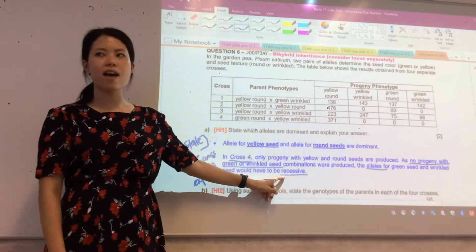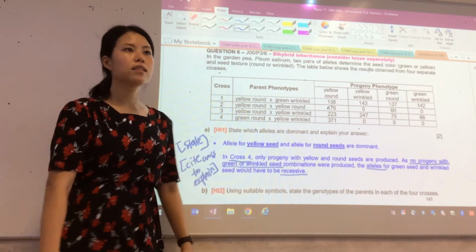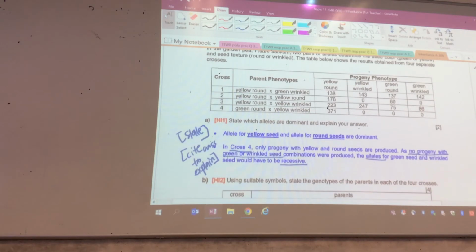So because of that, the alleles for green and wrinkled have to be recessive. That's the main idea. Any questions?